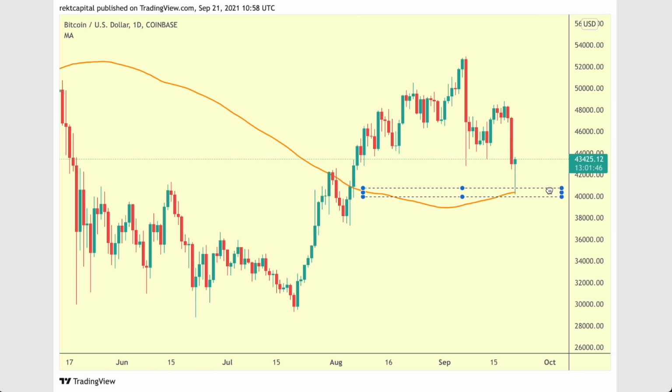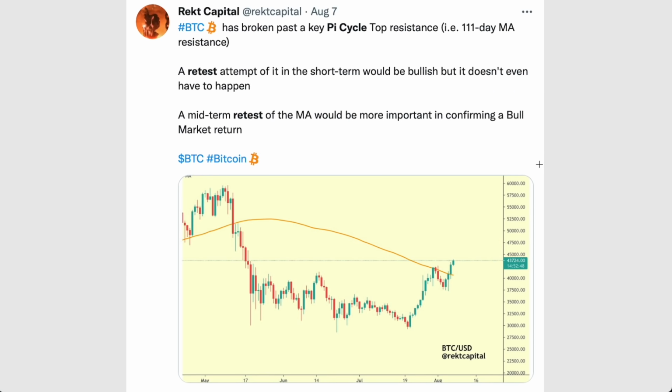We're going to be meandering inside this range until we see a clear break above the mid 40s or below the 40s, which is denoted by the Pi cycle top moving average here. So really important to watch out for that development, because a successful midterm retest of the Pi cycle moving average would be bullish for Bitcoin returning to a bull market.